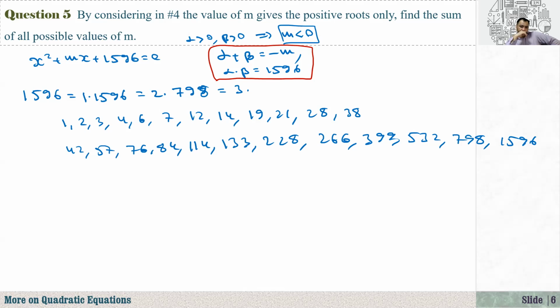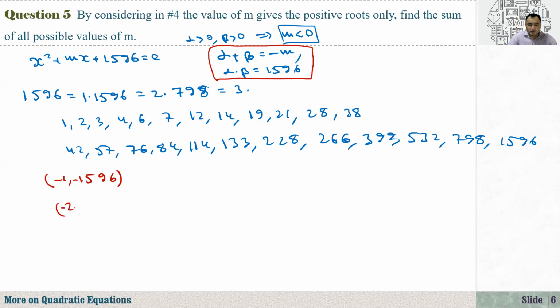Let me write the pairs of those numbers. What are the possible values of m? We have 12 pairs. Minus 1, minus 1596, one pair.